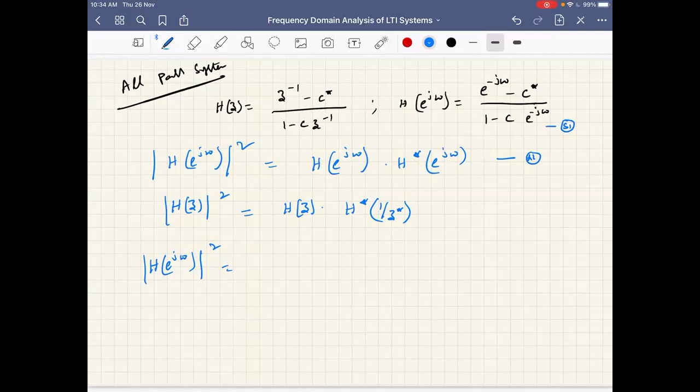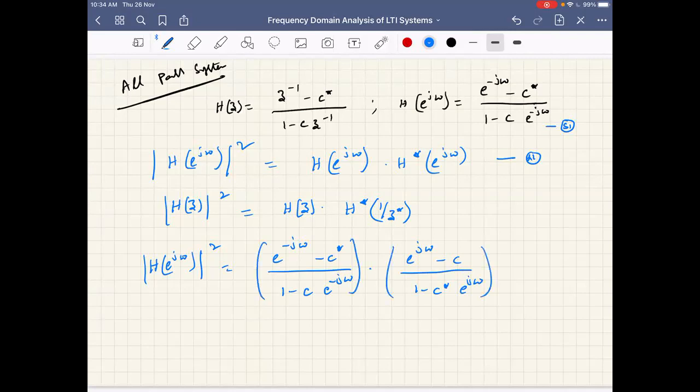So H of e power j omega is e power minus j omega minus c star by 1 minus c e power minus j omega, into H star of e power j omega. I am directly writing H star: e power j omega minus c by 1 minus c star e power minus j omega.